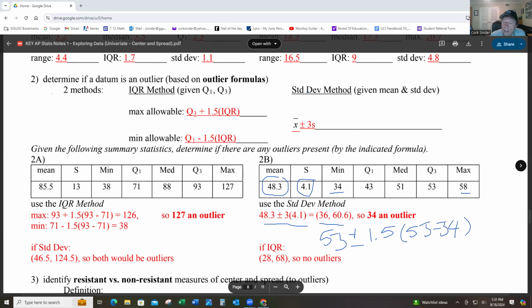And then it's also Q1, 34 minus, whoops, I messed up. This is not supposed to be a minus here. Let me fix that. Good error. 53 plus 1.5 times IQR and 34 minus 1.5 times IQR.